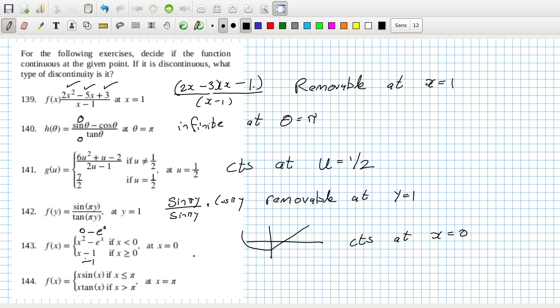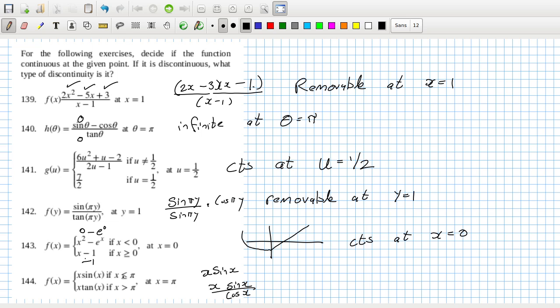Yeah. Okay, and then here you have x sine x, and here you have tan x, which is sine x over cos x.